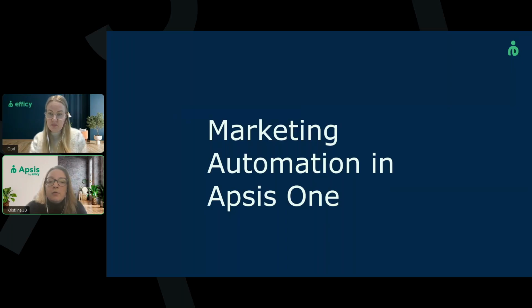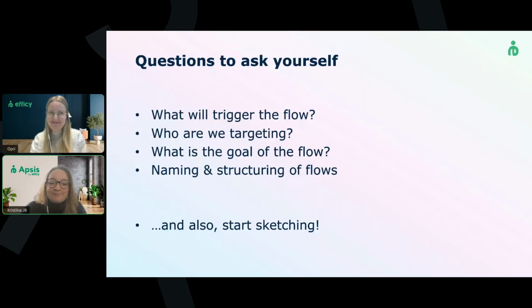But as with all marketing automation flows, before we start to actually build something, we have a few other pointers to look at. So one thing is, of course, asking those questions. If we have a marketing automation flow that we want to build, what is going to trigger the flow? So in this case, always consider what data are we supposed to use?